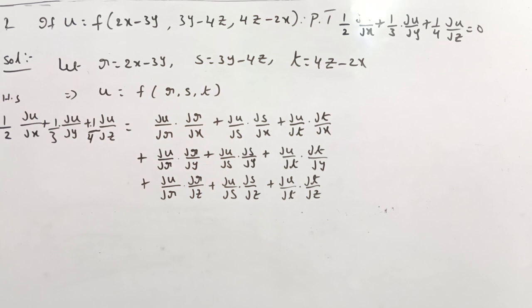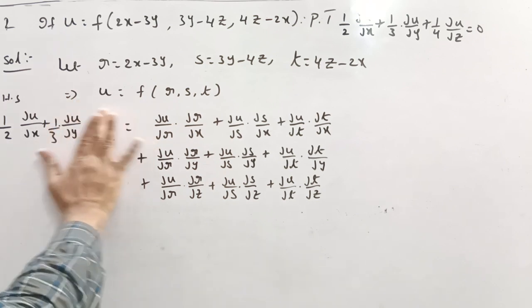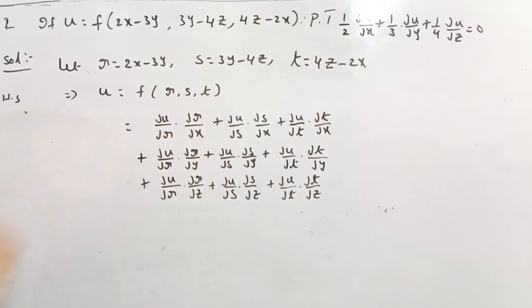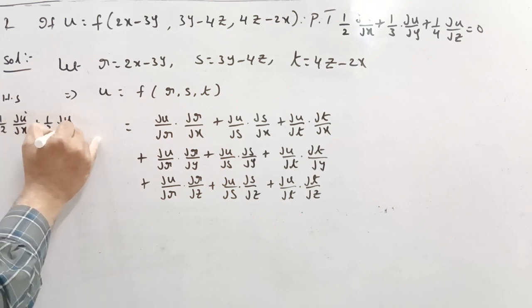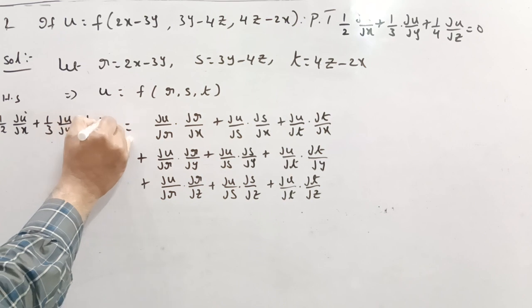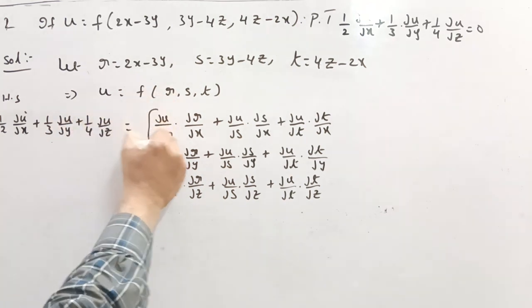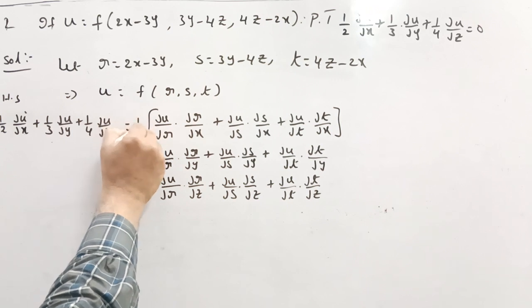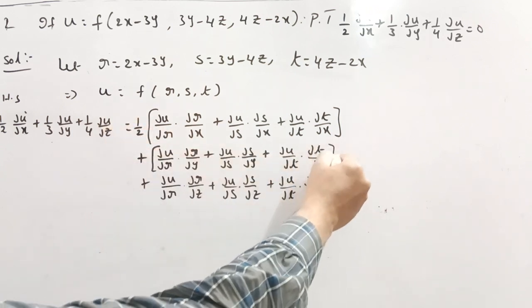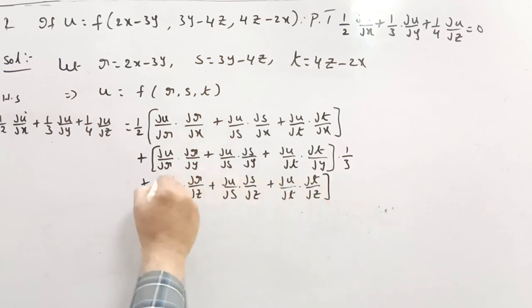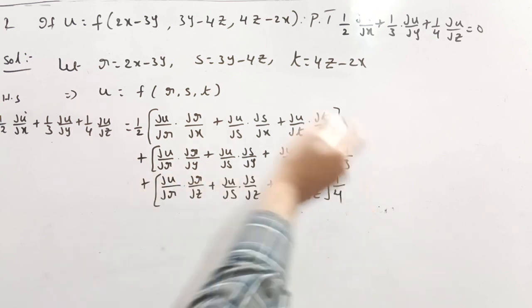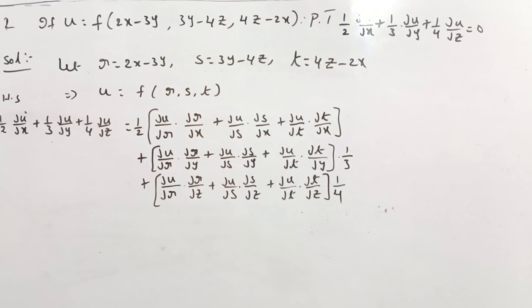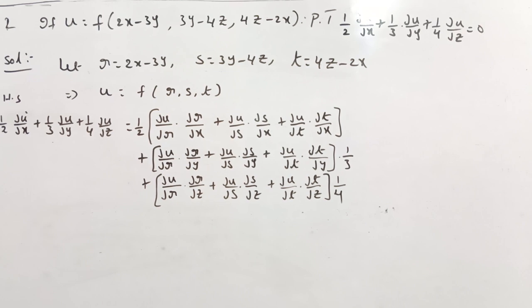That means this whole part you have to multiply by 1/2, this whole part you have to multiply by 1/3 and this whole part you have to multiply by 1/4, correct? So the formula is same, only the thing is he gave the coefficient here. So before ∂u/∂x he gave the coefficient of 1/2.